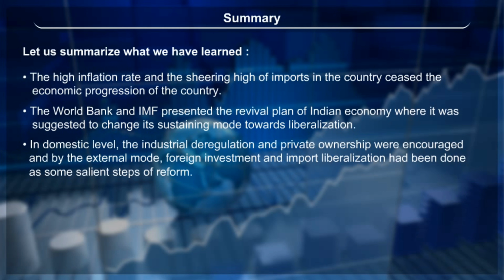At the domestic level, industrial deregulation and private ownership were encouraged, and in the external mode, foreign investment and import liberalization had been done as some salient steps of reform.